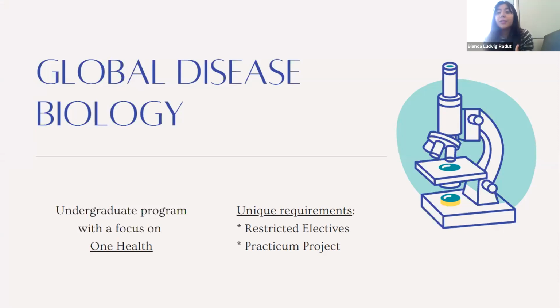One of them is we have 25 units of restricted electives. So it's a little bit more than the normal amount of electives that majors require. And this allows the students to specialize in a topic that they are interested in or that will help them in their future career. And another portion that will help them super specialize is the practicum project.